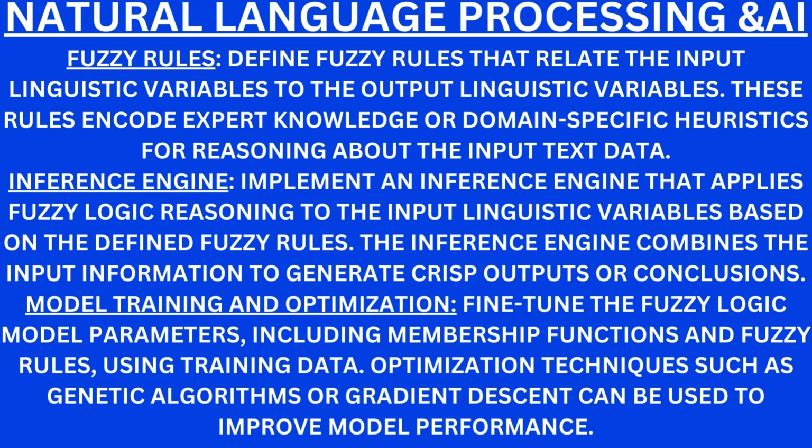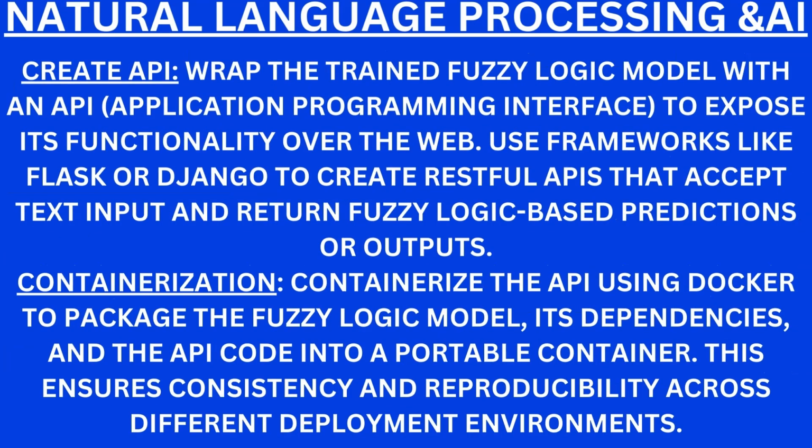Model training and optimization. Fine-tune the fuzzy logic model parameters, including membership functions and fuzzy rules, using training data. Optimization techniques such as genetic algorithms or gradient descent can be used to improve model performance. Create API.